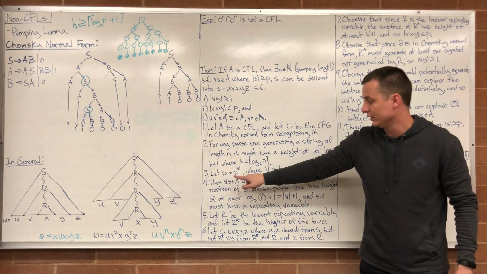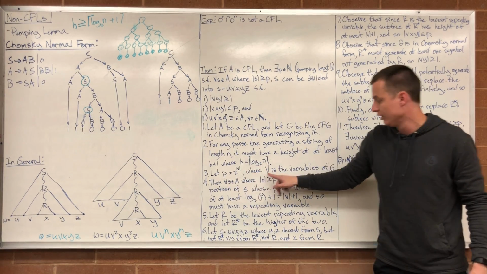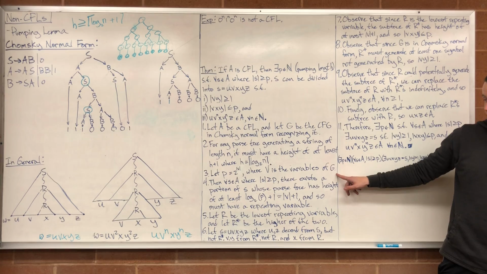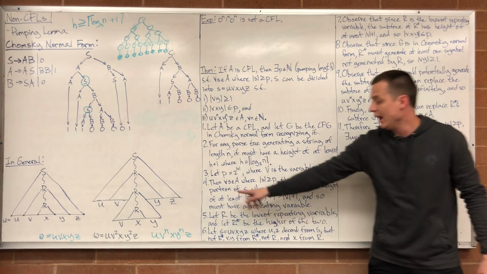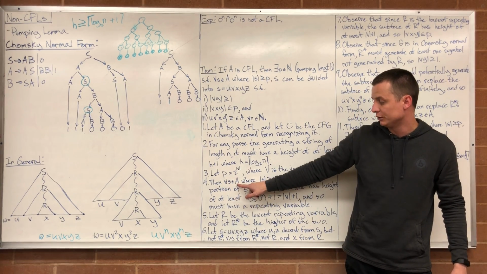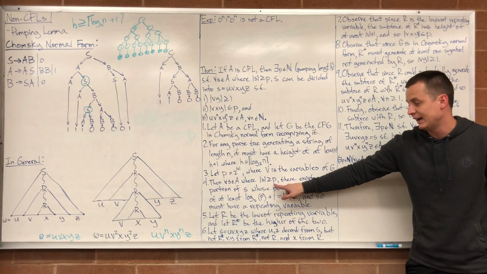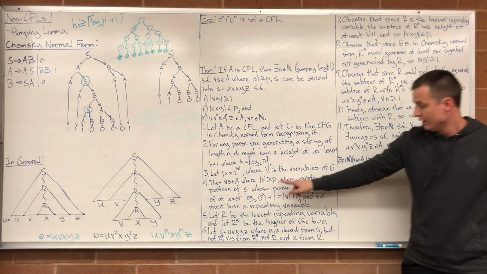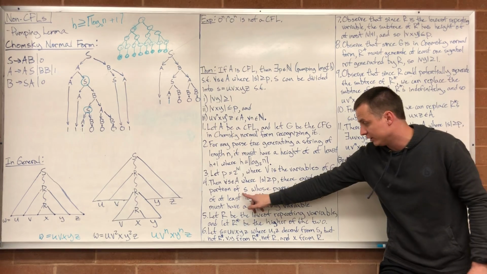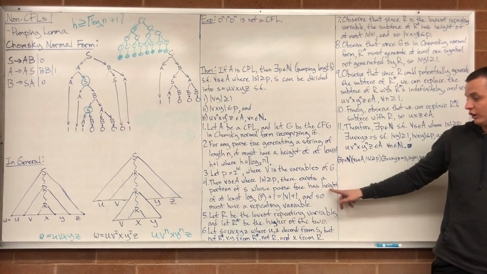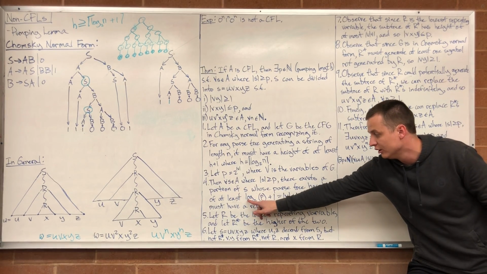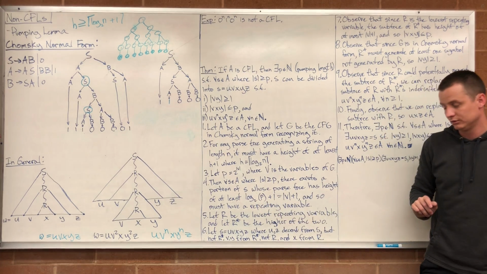Let P, our pumping length, be 2 to the number of variables, where V is the set of variables in our grammar G. Then, for all strings in our language A that have length at least P, there exists a portion of S whose parse tree has a height of at least log base 2 of P plus 1.